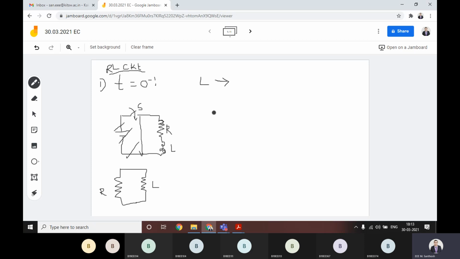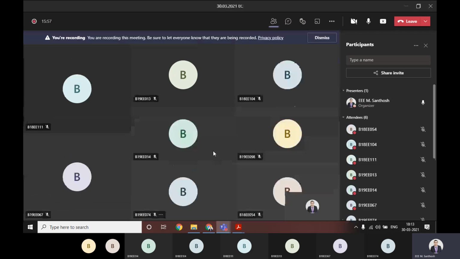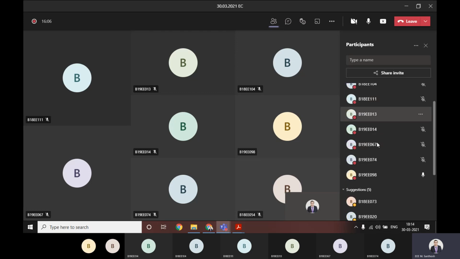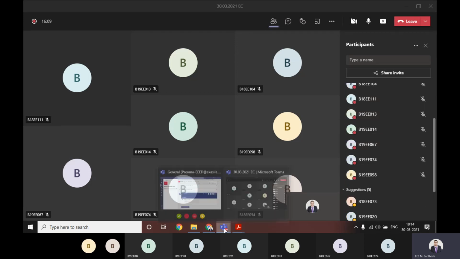At steady state, what is the value of the inductor? Can anyone tell us? Will the inductor act like a short circuit or open circuit? I told you how to remember also. Short circuit. Simply it is a short circuit, right?